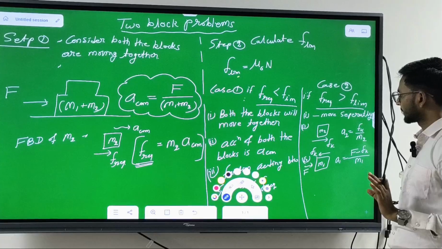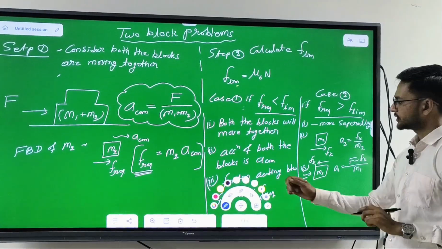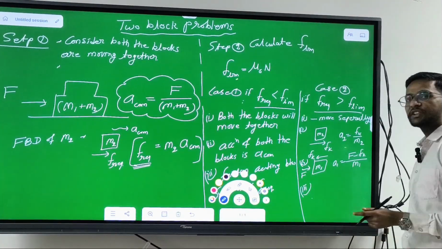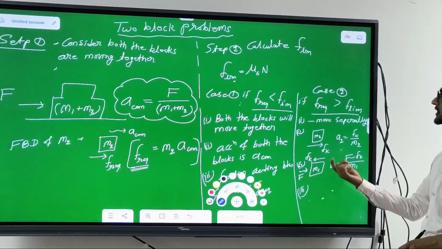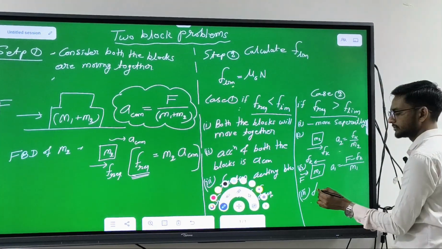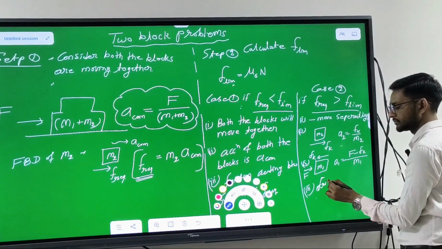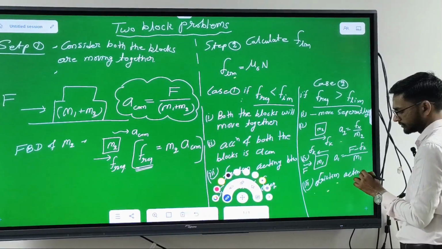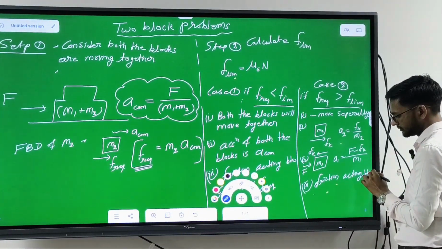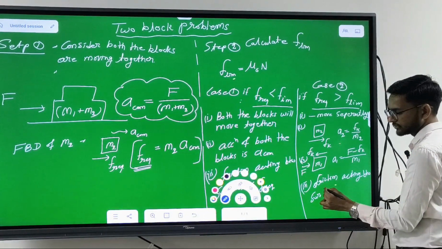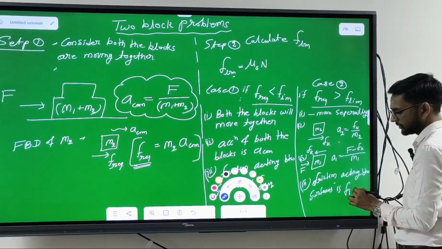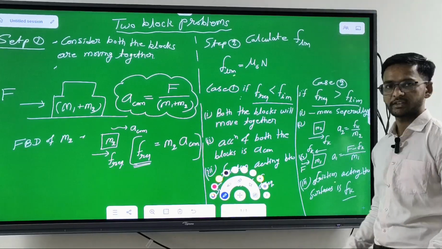The third conclusion is that the friction acting between the surfaces is kinetic friction, Fk.